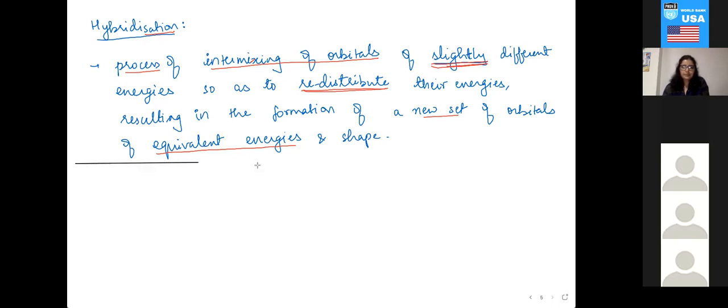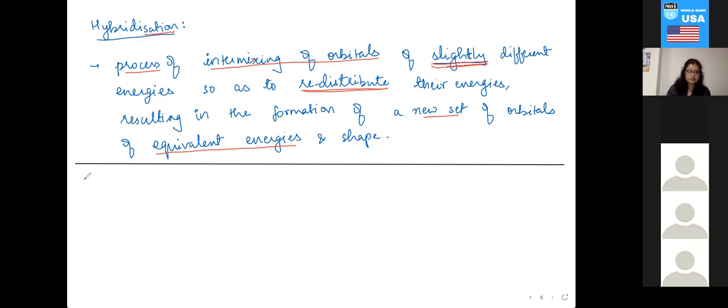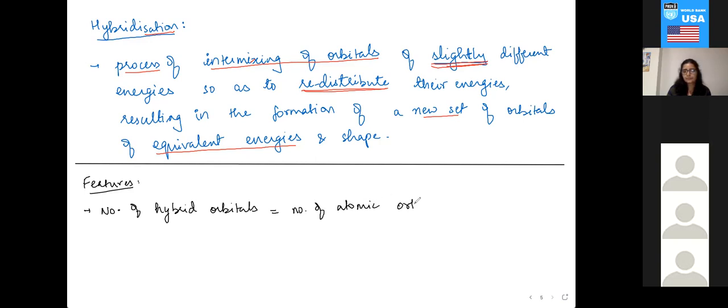There are some other points about hybridization. One is features. The number of hybrid orbitals you get is equal to the number of atomic orbitals. If you mix 2 different atomic orbitals, you get 2 hybrid orbitals.